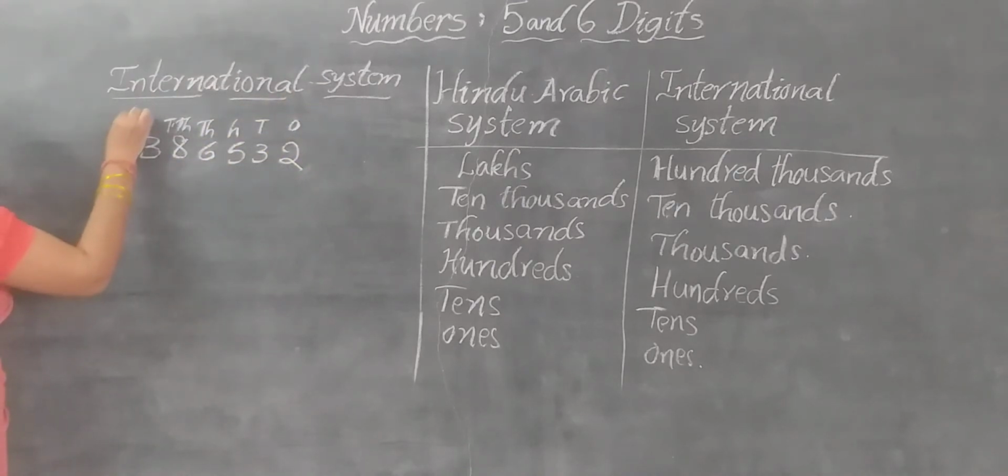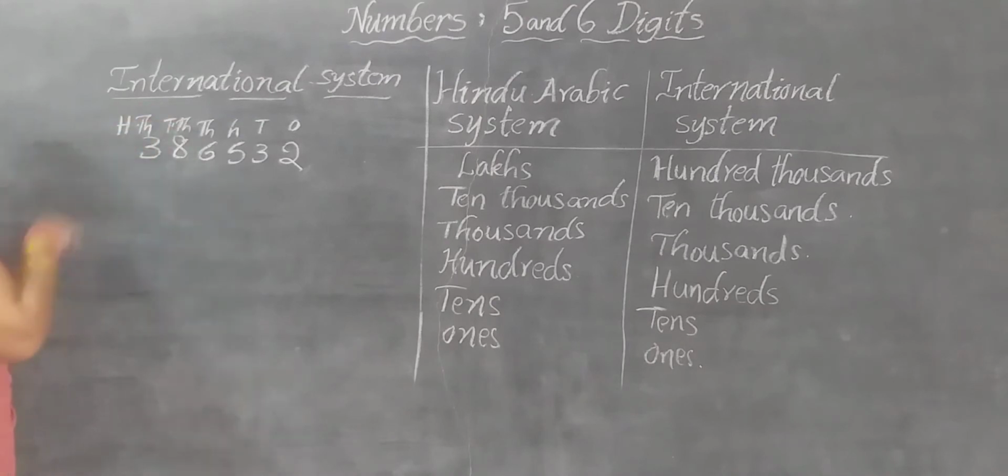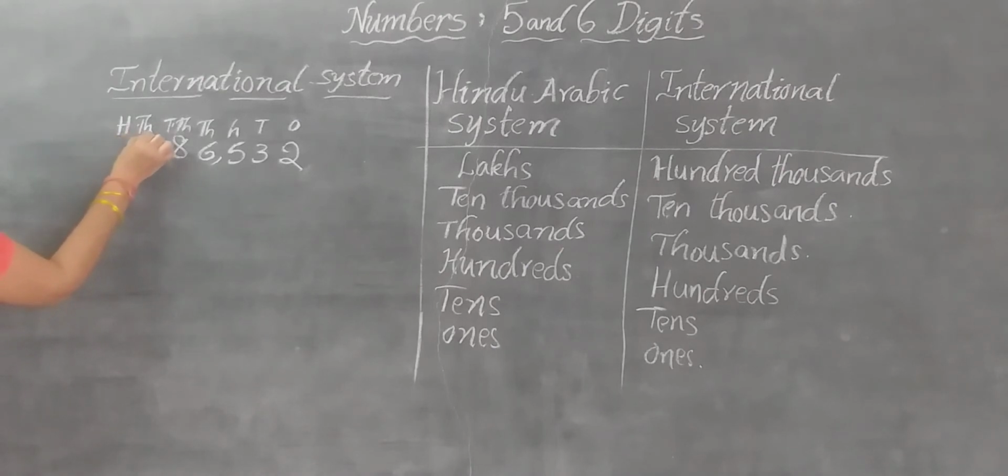So here, 100,000s place. In the international system we keep a comma between three digits. 1, 2, 3. Here we have to keep the comma. After two digits, no need, because it is the international system. Okay. Now we will write the number. 3 is in which place? 100,000s place.